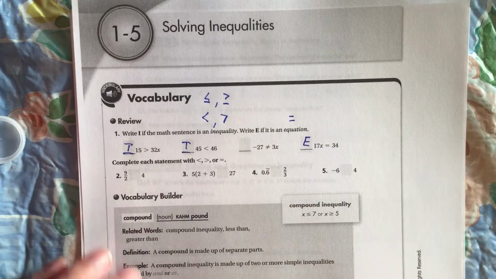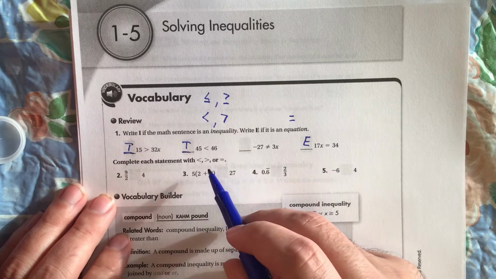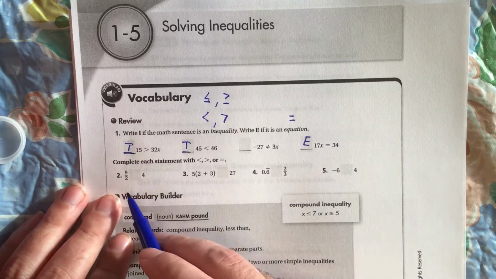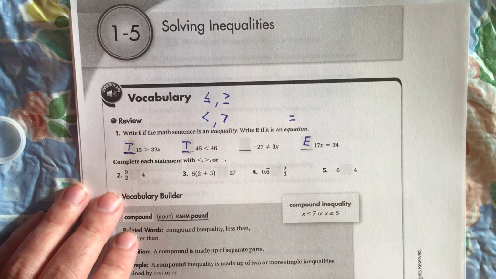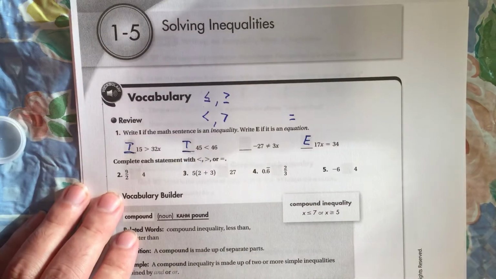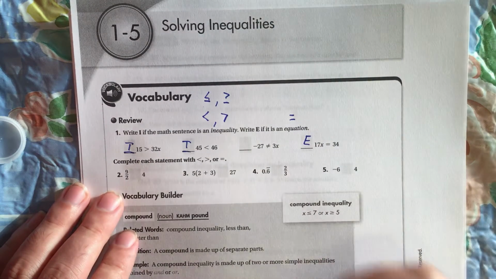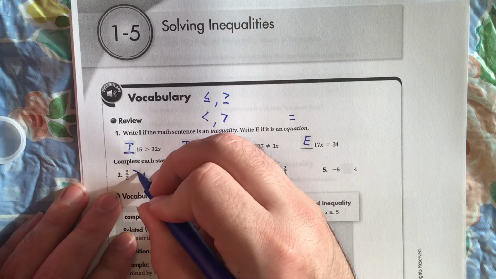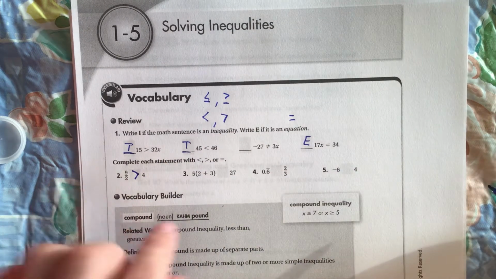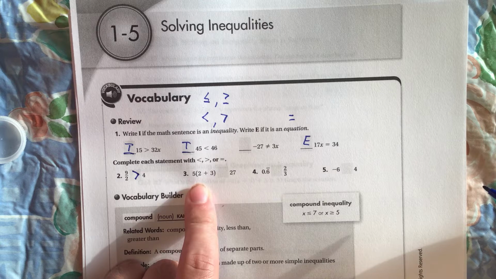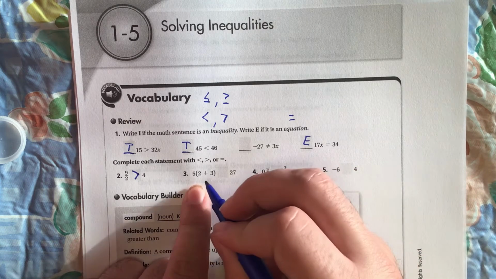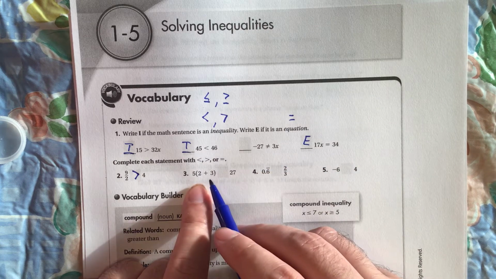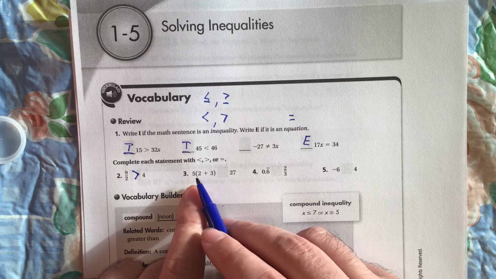Okay. Complete each sentence with the less than, greater than, or equal to symbol. 9/2. What is that? That is about, it's like 4.5, right? That's definitely greater than 4. Let's do some math here. What is this? 2 plus 3 is 5. 5 times 5 is 25.